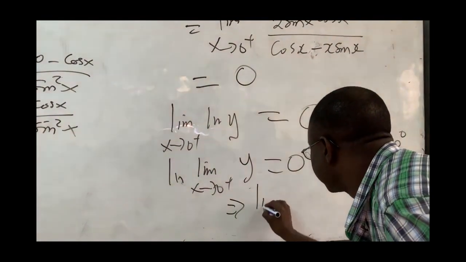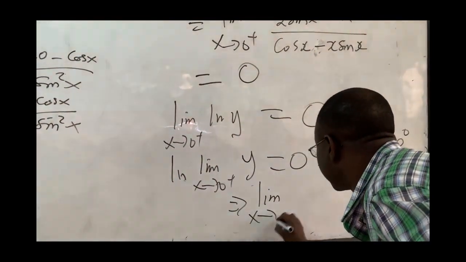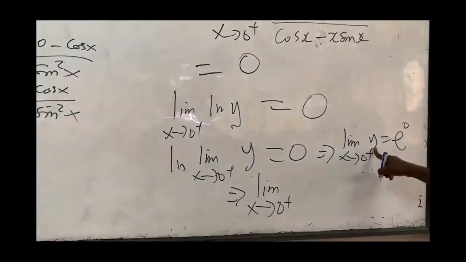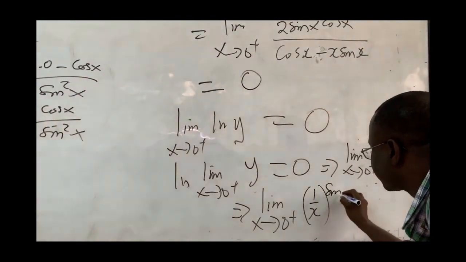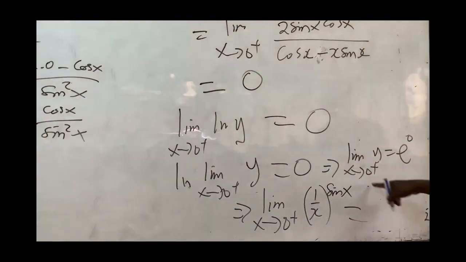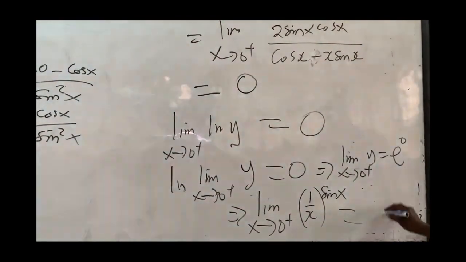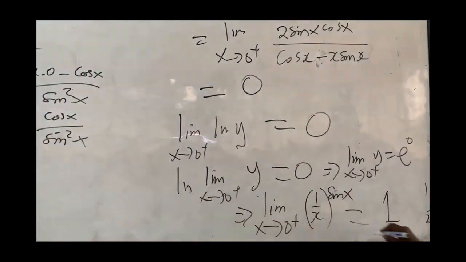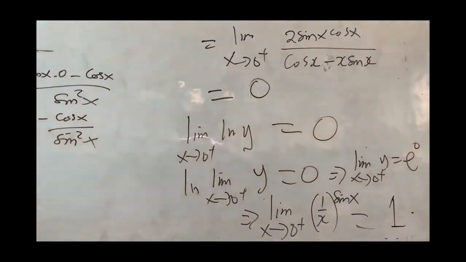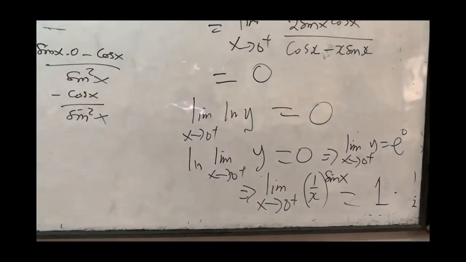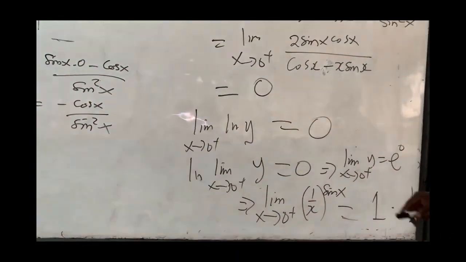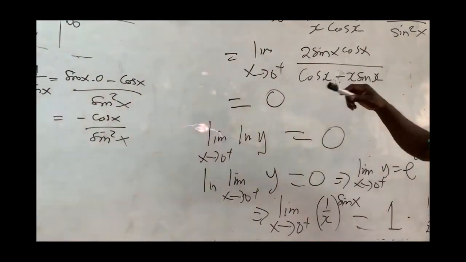So the limit as x goes to 0 plus of y, which is the expression 1 over x raised to the power sine x, is equal to e to the power 0, which is equal to 1.